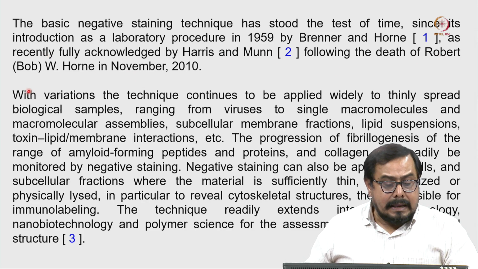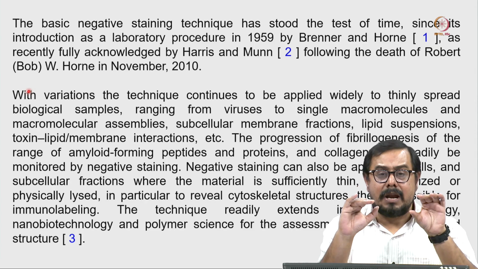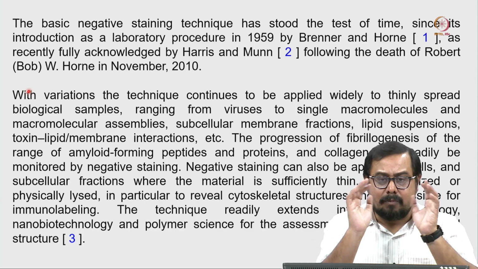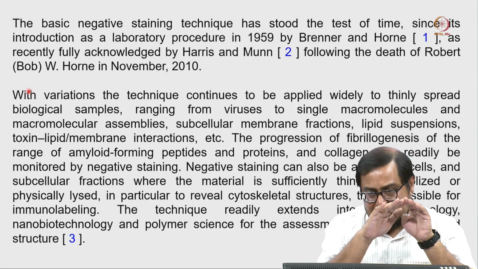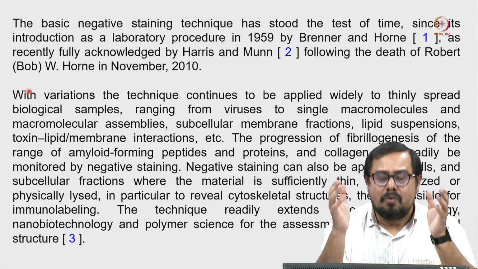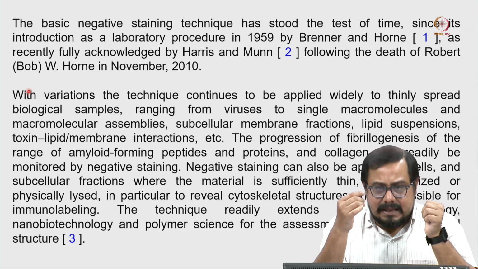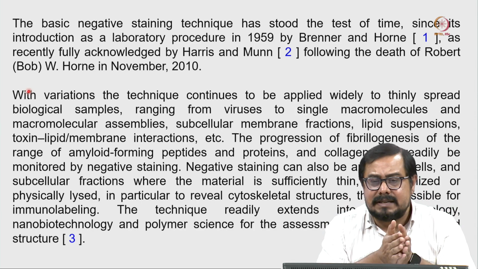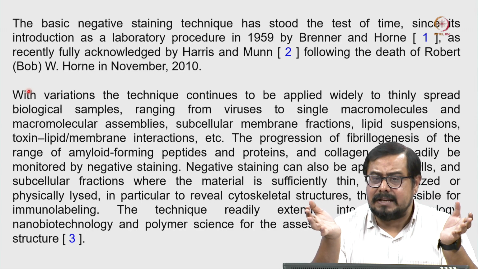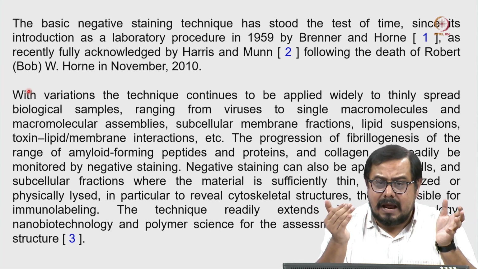In this technique, we have a carbon coated grid. Carbon coated grid means there is a Formvar coating, then there is a carbon layer, and then we add our sample. We stain this sample with a heavy metal staining solution. There are different types of staining solutions possible to stain our sample.